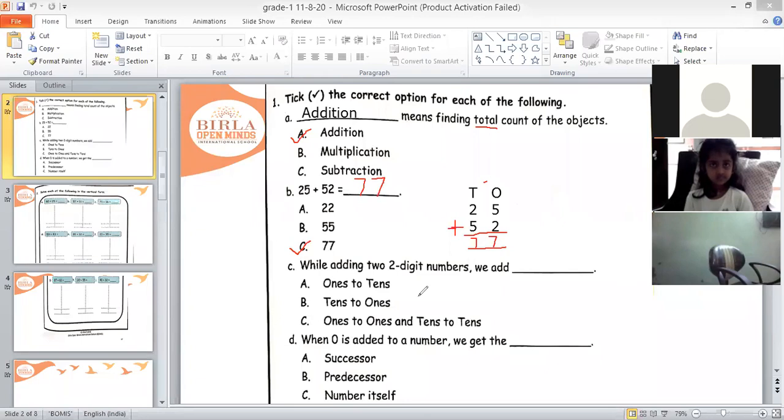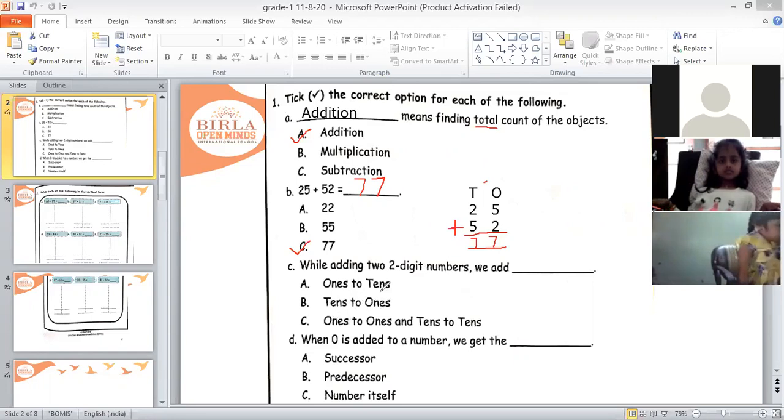Now your third bit, that is bit C. Now the question is, while adding two digit numbers, we add, see here children, question is, while adding two digit numbers, we add, ones to tens, tens to ones.